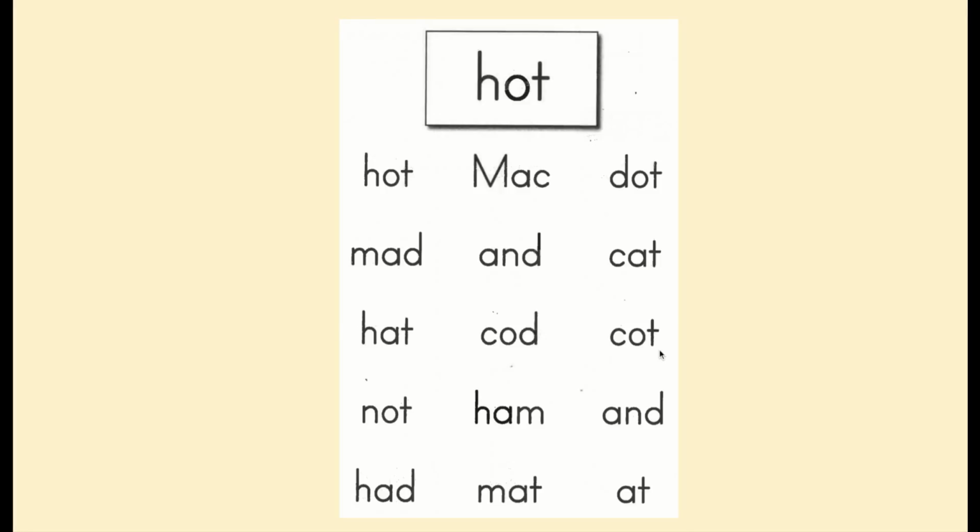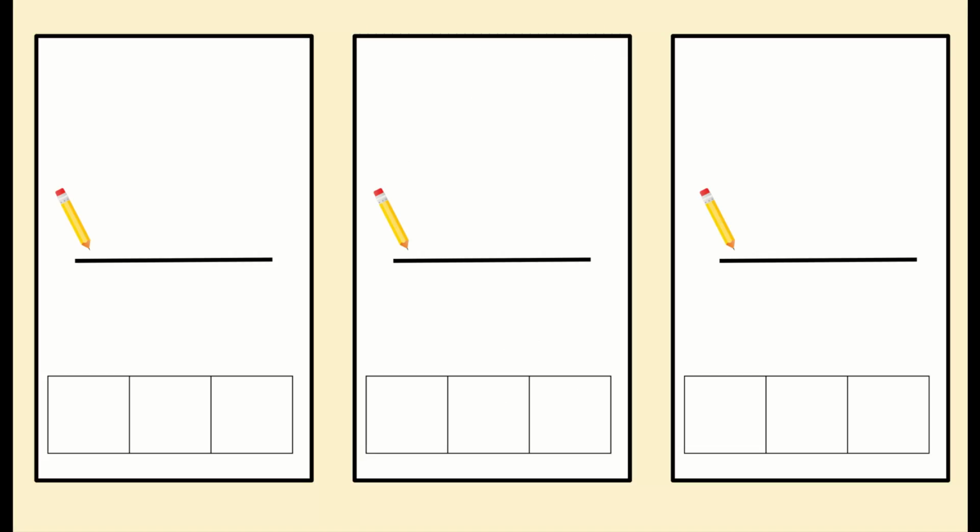Now let's practice spelling some of these words. The first word we're going to spell today is the word ham. Remember to sound it out slowly using your sound boxes to help you hear the sounds in the word ham. Am. And now write the letters that represent the sounds that you hear in the word ham.